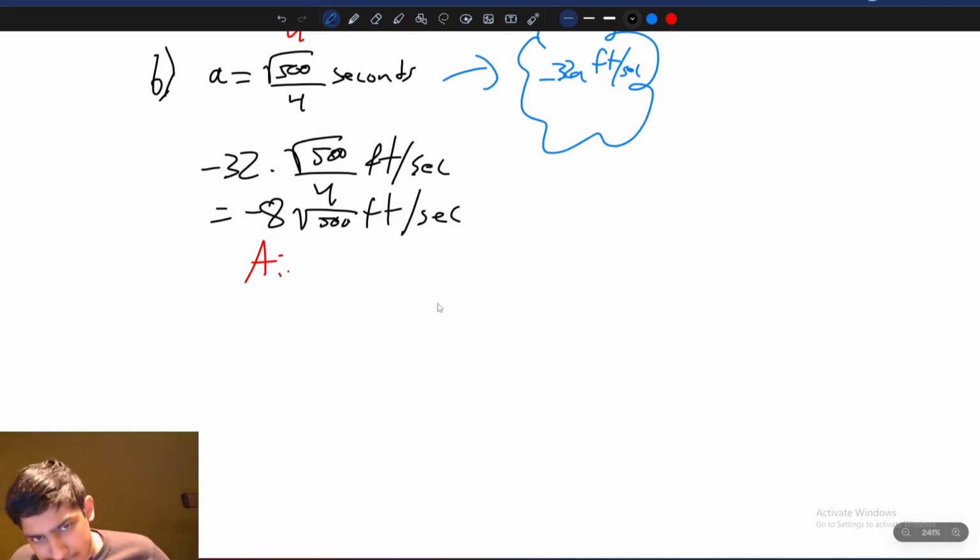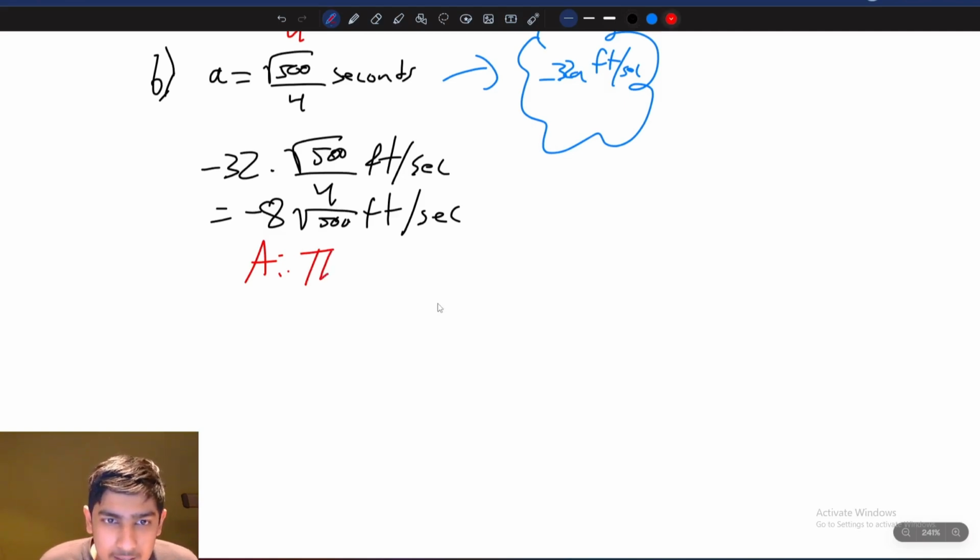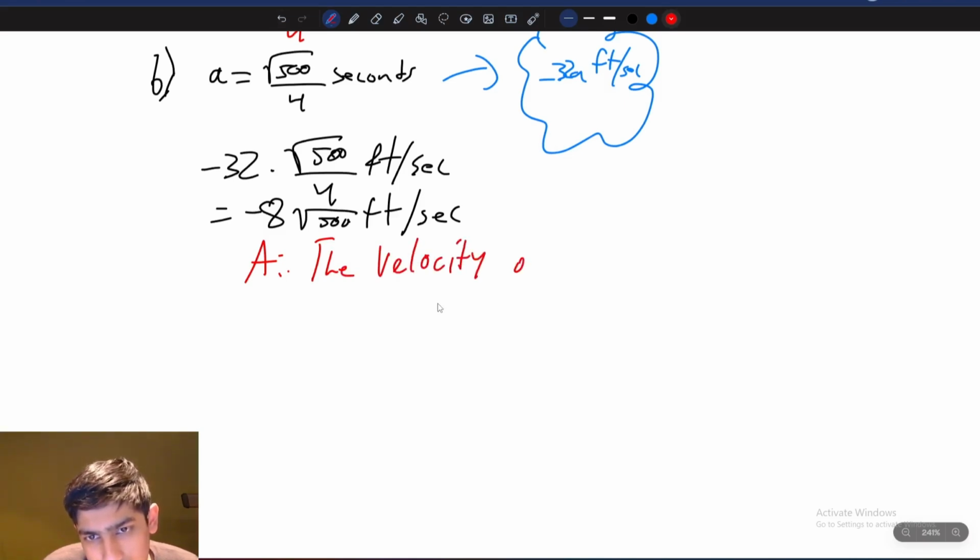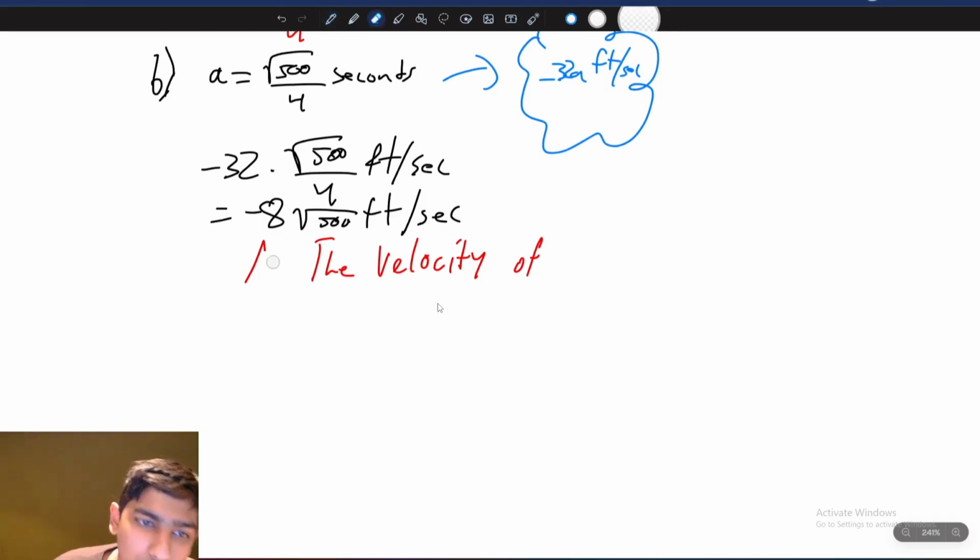So we can say the velocity. Actually, we don't need to have multiple answers. We can just put one, because we can directly answer the question.